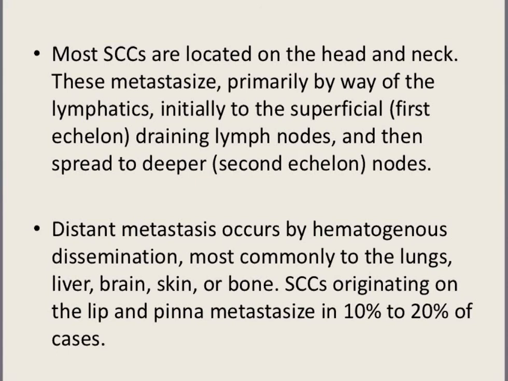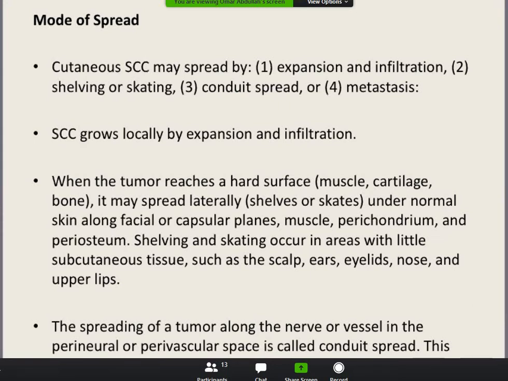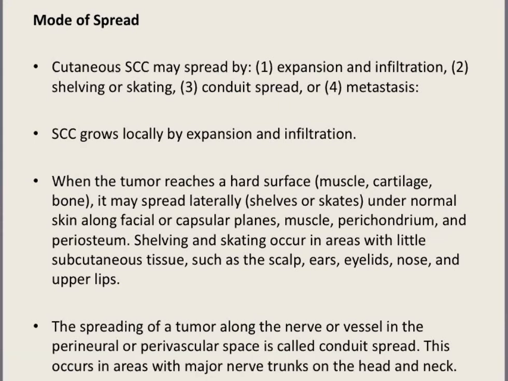And squamous cell carcinoma affecting the pinna metastasizes in about 20% of cases. So these are the 4 modes of squamous cell carcinoma spread: expansion and infiltration, shelving or skating, conduit spread, and metastasis. 4 modes of spread.